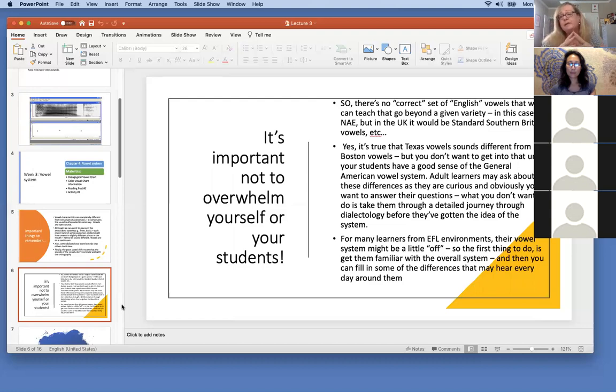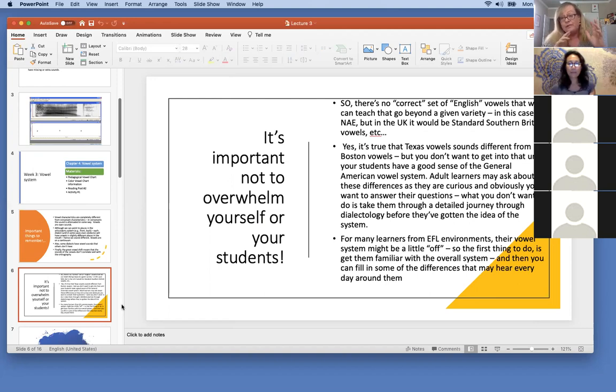Because often for many learners from an EFL environment, the system itself might be slightly off. If they have quite limited interaction with native English speakers, and particularly if they're, say, from a rural part of Thailand or China or Vietnam or somewhere, their exposure to the vowel system may be a little bit off.